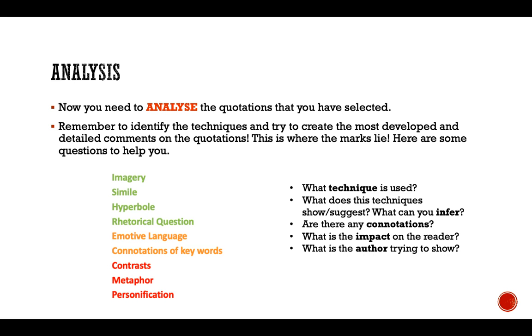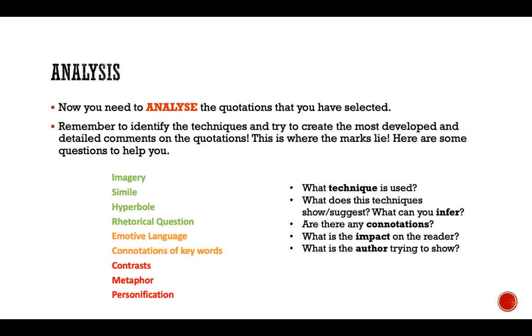Okay. Then we have the main questions that we need to be looking at when we're analyzing the techniques and the features. So, what technique is being used? What does this technique show or suggest? What can you infer? This is where we need to try and give development. We need to be saying more than one thing about a quotation.